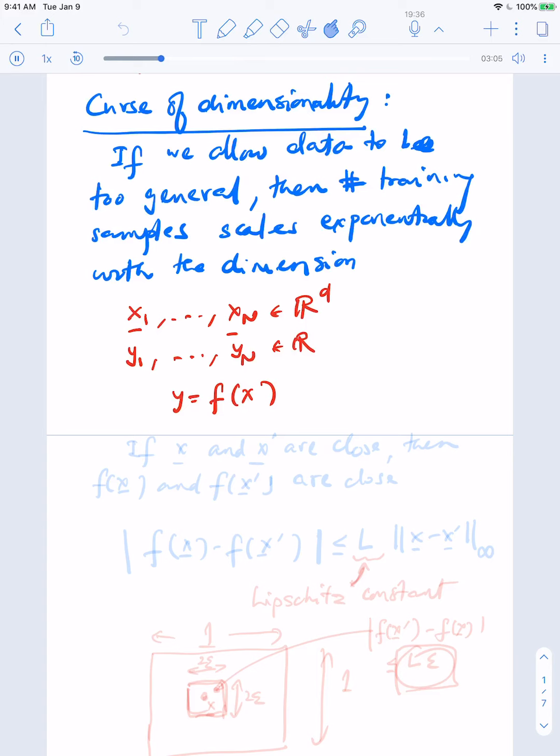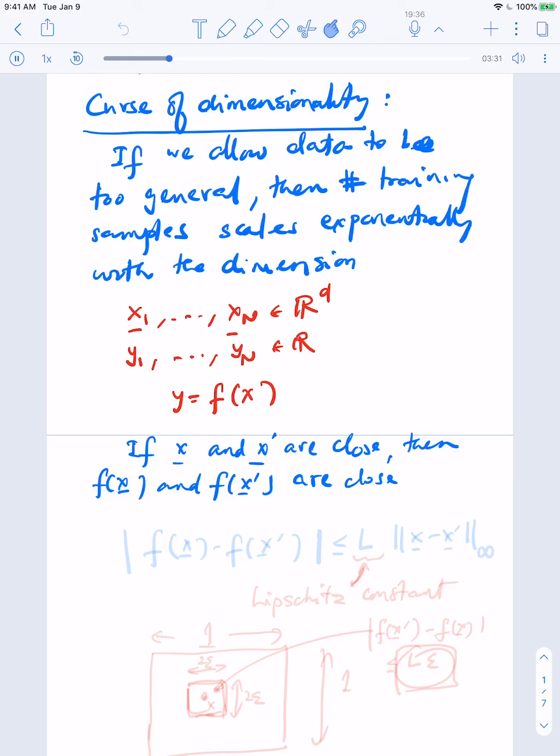So let's assume the minimum that we can. Intuitively, the minimal assumption we can make is, let me first write it in words: if x and x prime are close, then f(x) and f(x prime) are close, right?